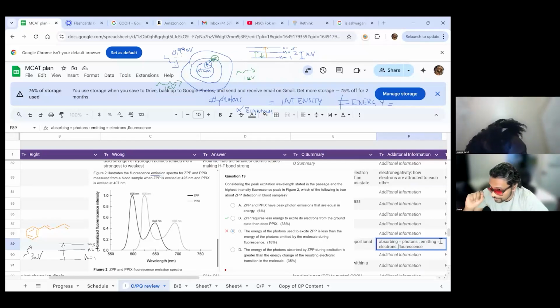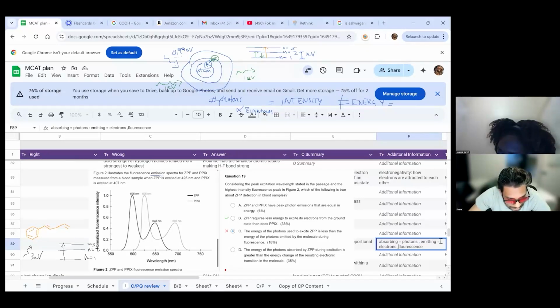Now, fluorescence happens when the photon gets absorbed, the electron gets excited, but then the electron can relax a little bit, not all the way, because of resonance. So let's say it can relax a little bit down from 3 to 2. It can do that without emitting a photon, because it has resonance.